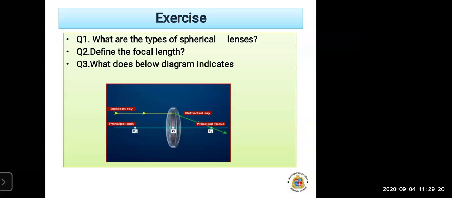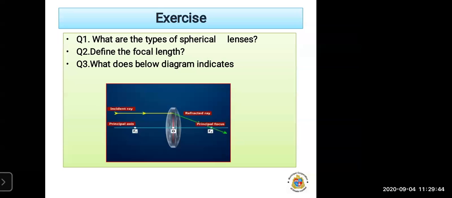The distance between the optical center and the principal focus of a lens is called its focal length. Yeah, very good answer, Khushi. Well done.